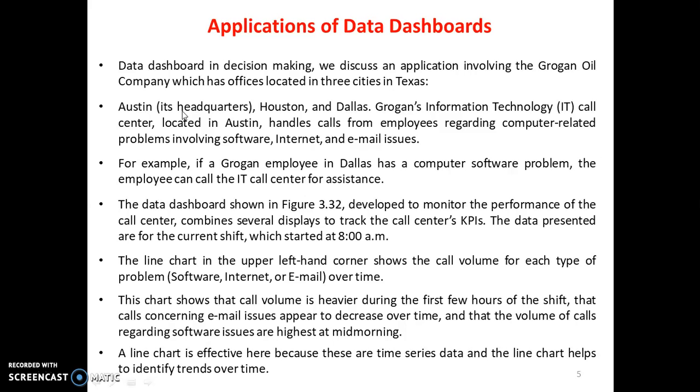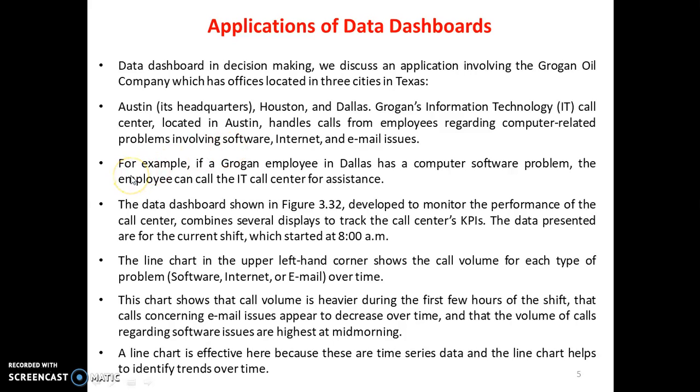Here we have taken Grogan Oil Company, which has offices located in three cities in Texas. Austin is the headquarters, and Houston and Dallas are the other locations. The Grogan Information Technology IT call center, located in Austin, handles calls from employees regarding computer related problems involving software, internet and email issues.